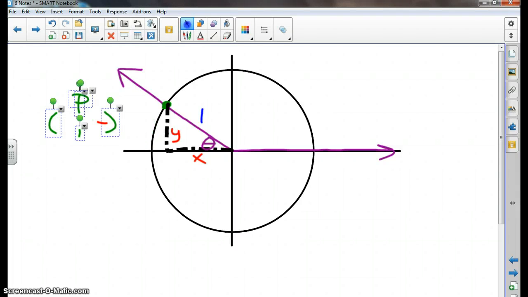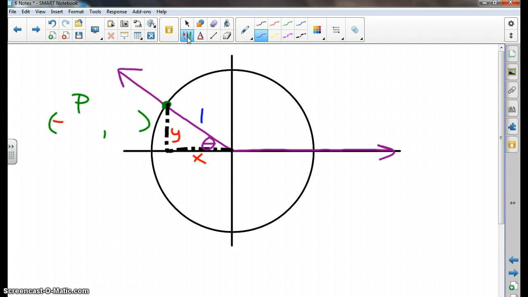So let me move my point here. Can I separate these? I can. And I am going to write in that the negative cosine of theta is over here, which is to say that when point P was over here, the cosine of theta, as long as theta was the same exact size, was the same value as this cosine; this one will just be negative.